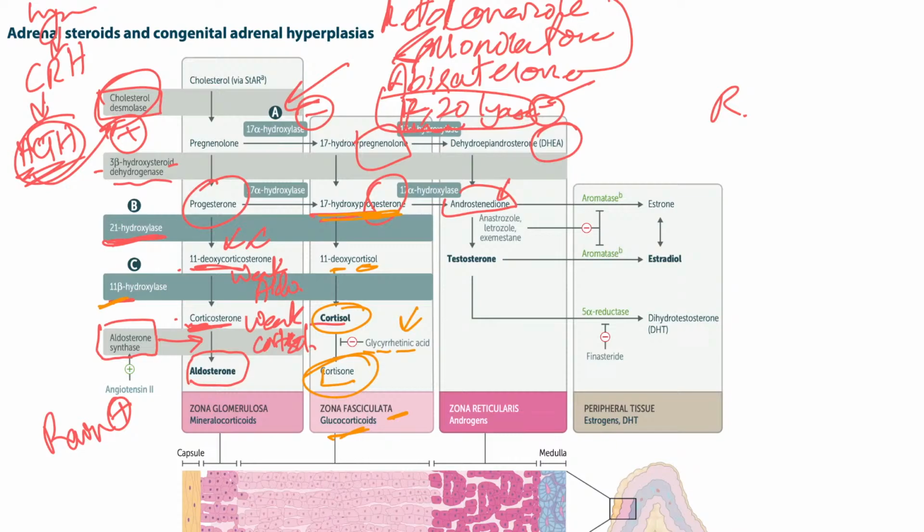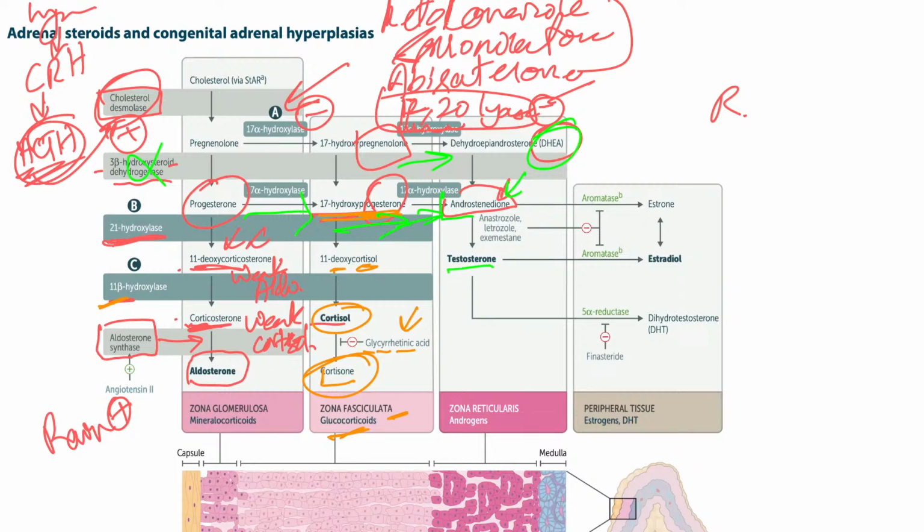Lastly, because we were going all the way towards the right side, here we have the formation of DHEA first. DHEA will be converted to androstenedione by this enzyme that we said, okay, forget that enzyme. And that androstenedione will convert into testosterone.